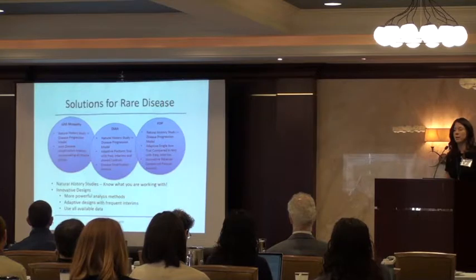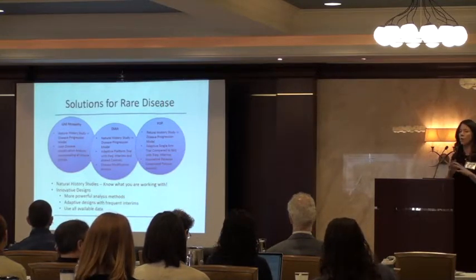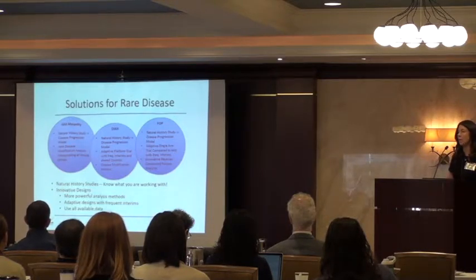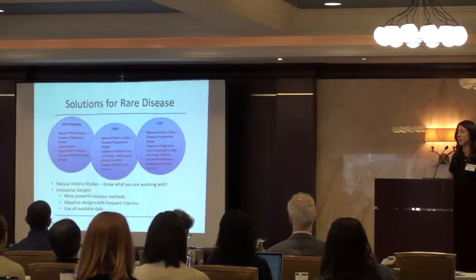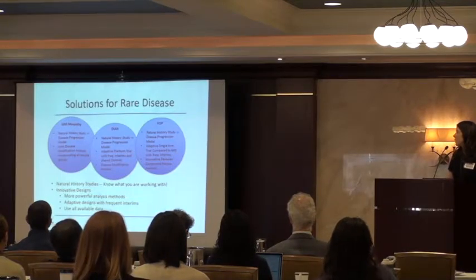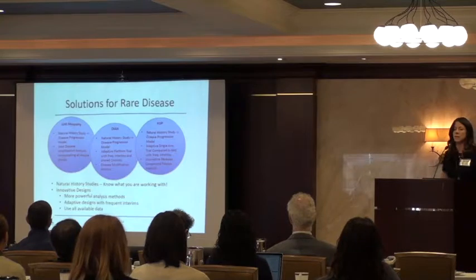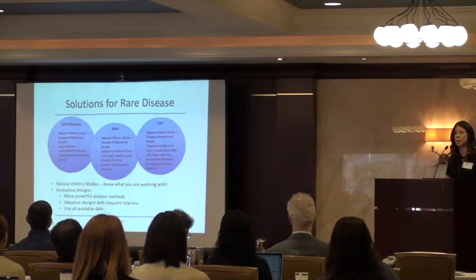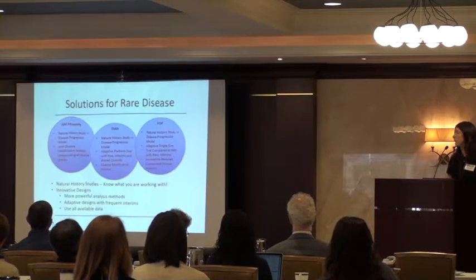So what I thought I would do then is talk briefly about some overall themes that I've seen with these three designs and what can be helpful in common solution or some good solutions for rare disease. Across the board, in all three of these designs, we are blessed with very rich natural history studies that have been done before we got involved in the projects.